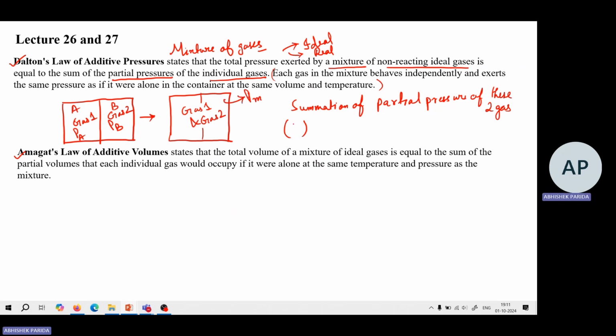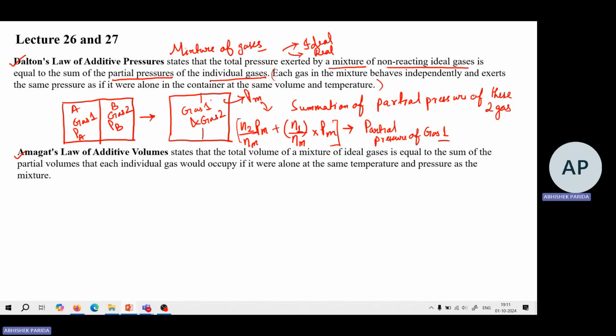Let us say gas 1 has n1 moles, and when it is taken in ratio with Nm, the number of moles of the mixture, into Pm, this gives the partial pressure of gas 1. This plus the other gases' partial pressures will be equal to the total pressure, that is PM.